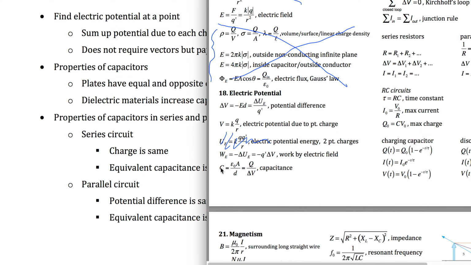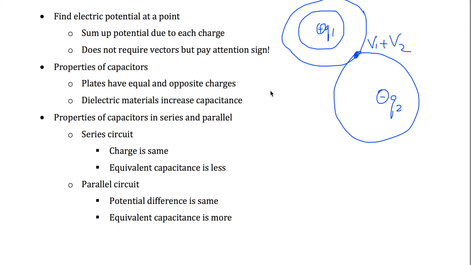First of all, this one means that the capacitance depends on the area of the plates and on the distance between them. So we're talking about a parallel plate capacitor that has two plates a certain distance d apart and they have a certain area, and those two factors affect the capacitance.